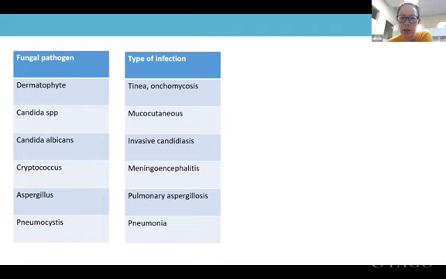Anyone can get a dermatophyte infection. So the answer is anyone. Candida, mucocutaneous candida, what type of people might be more likely to get that? What sort of risk factors? Dentures. Yep, dentures, antibiotics, that type of thing. Cool. What about invasive candidiasis?